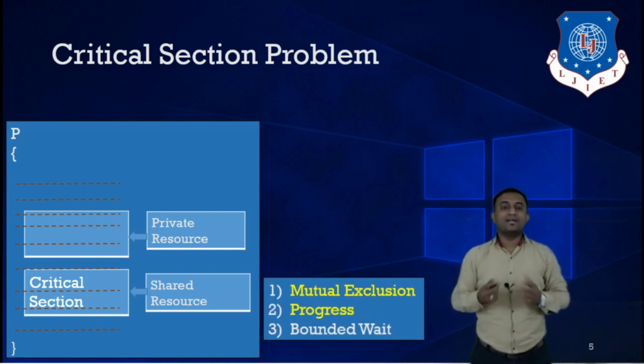These are the criteria. These three criteria need to be achieved at the end. The first one is mutual exclusion.